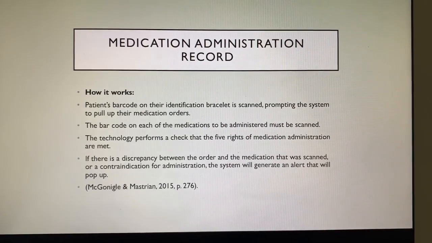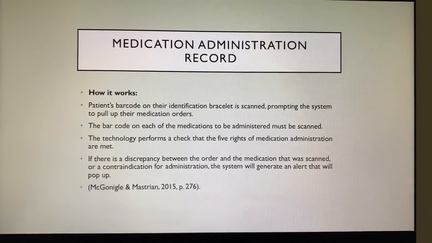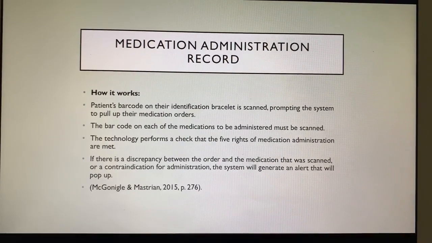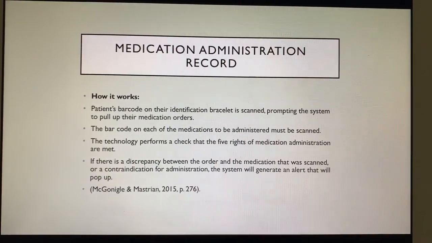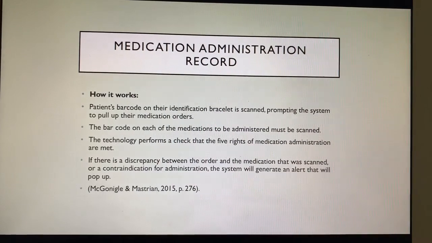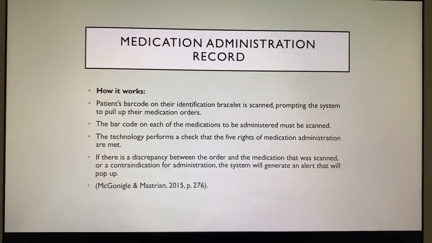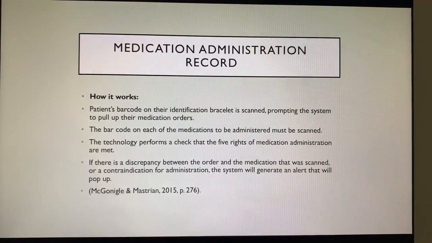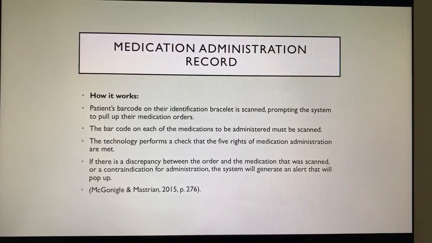When the patient's barcode on their identification bracelet is scanned, it also performs safety checks as well. And it also checks the 5 rights of medication administration and makes sure that they are met before any medications can be given. If there is a discrepancy between the order and the medication that was scanned or a contraindication for administration, the system will then generate an alert which will pop up.